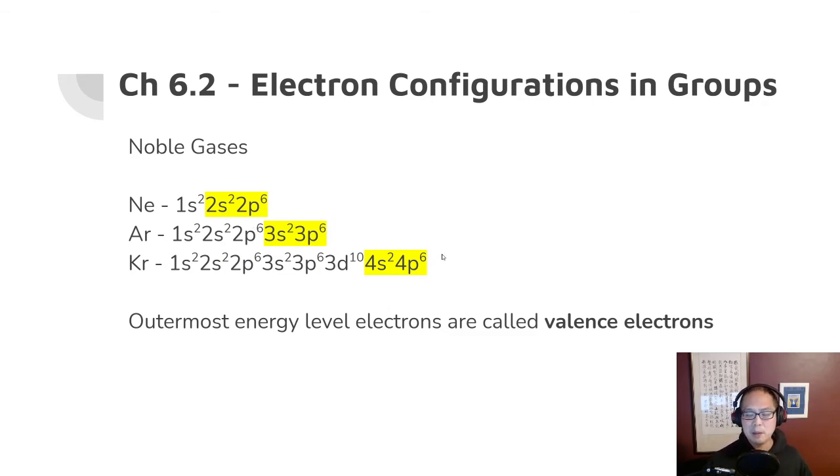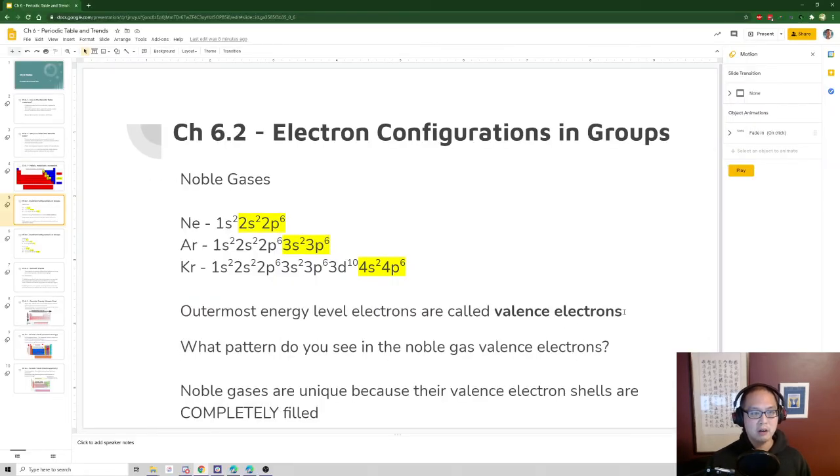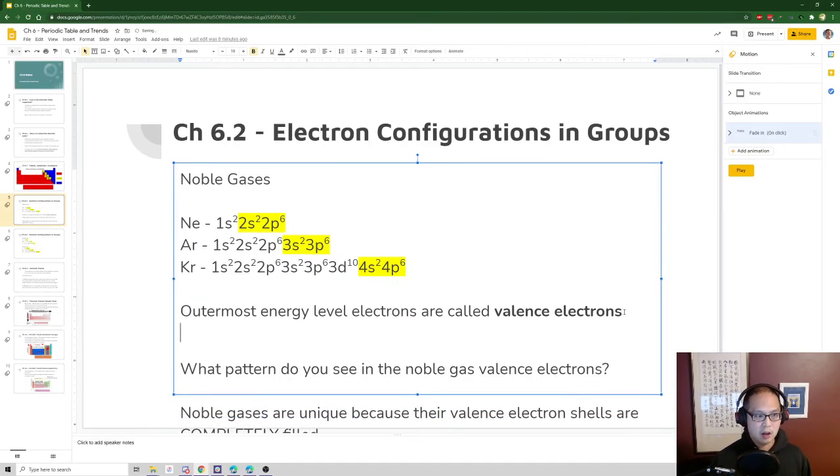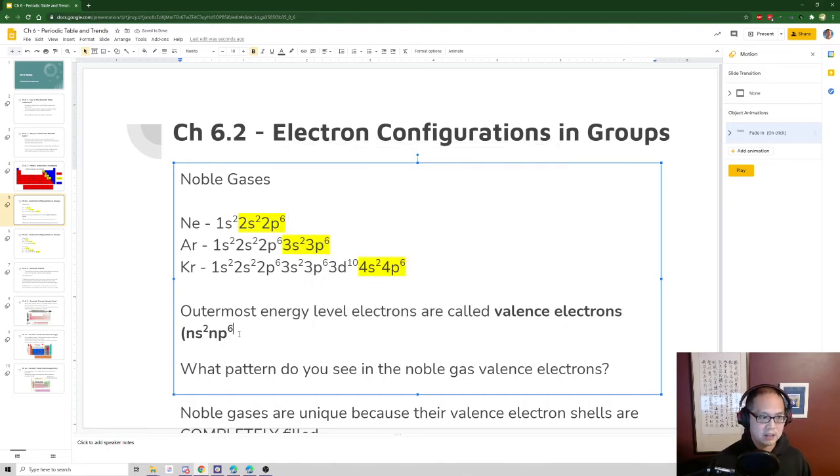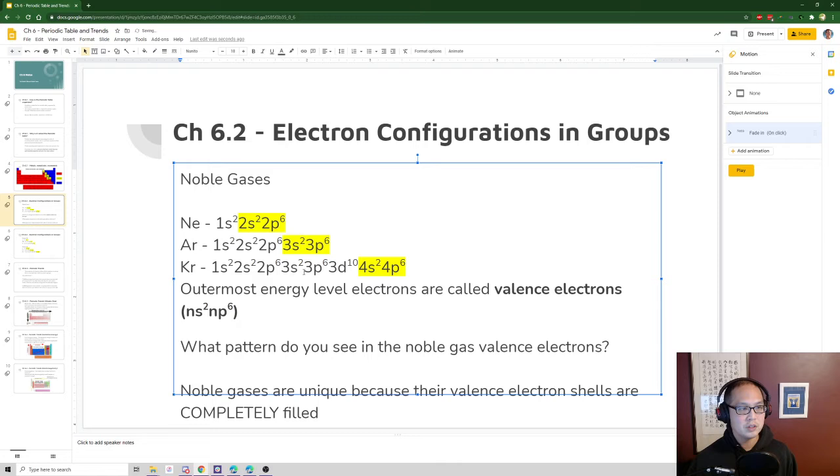Okay, one thing that people sometimes say or write, in fact, I should write it in here: ns2, np6. The valence electrons are always ending in something s2, something p6.